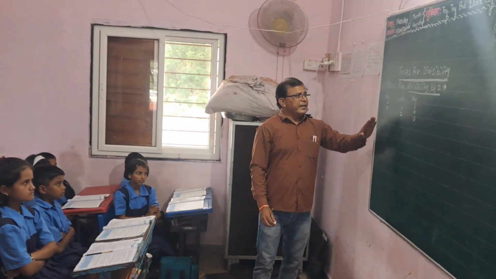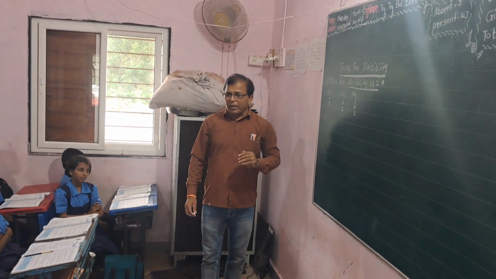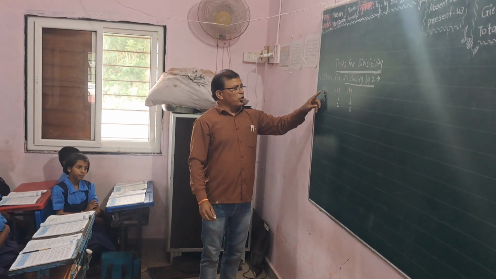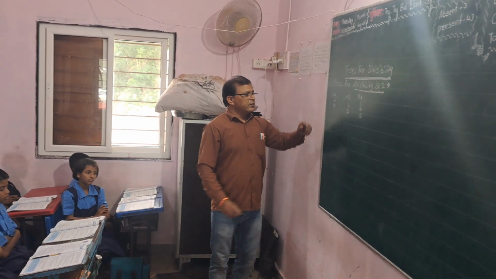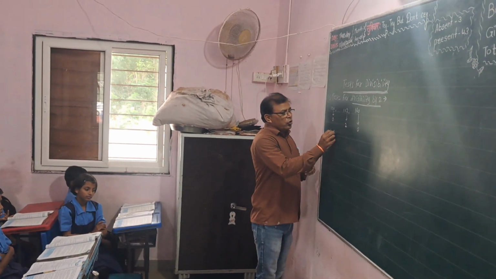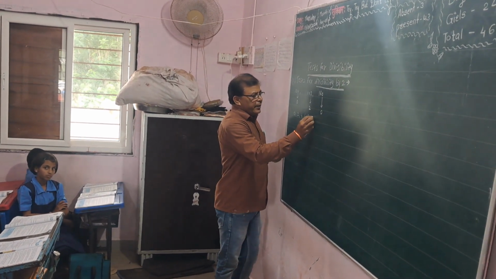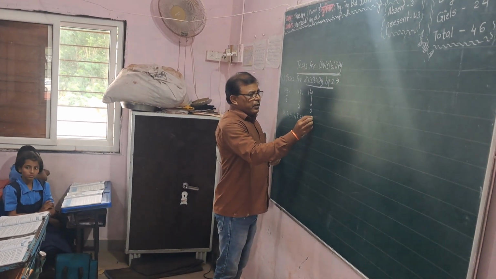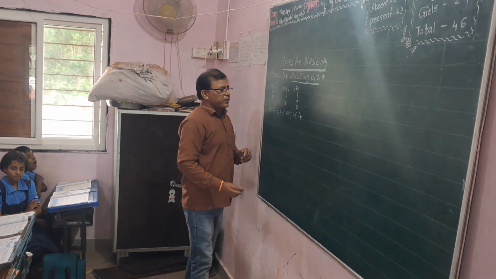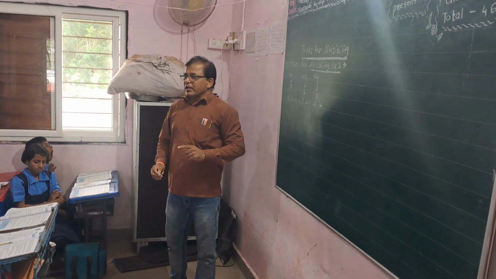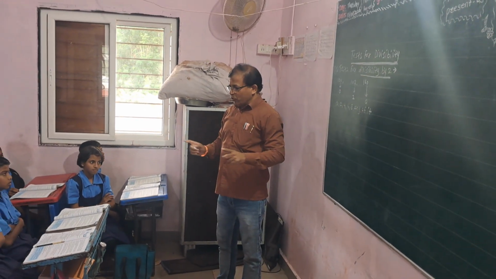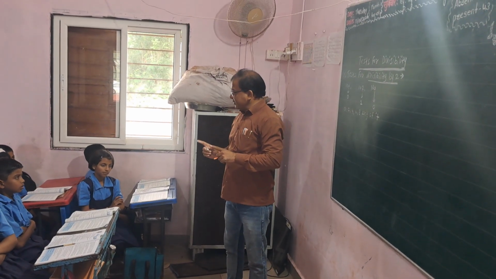Then I like to define our test for divisibility by 2. The definition is that the number whose unit place digit is 0, 2, 4, 6, 8, any of it, this number is completely divisible by 2. Understand?